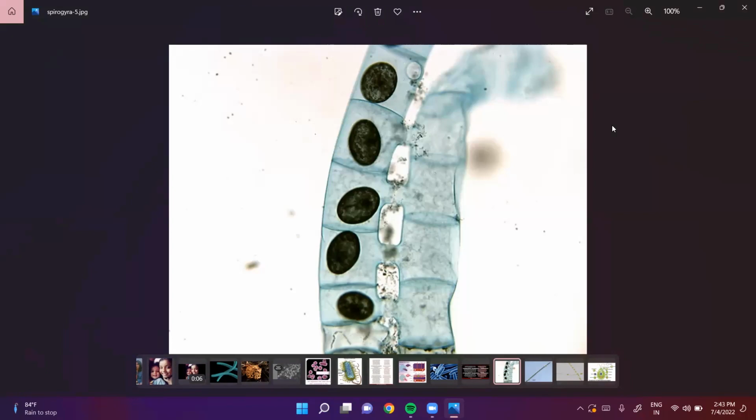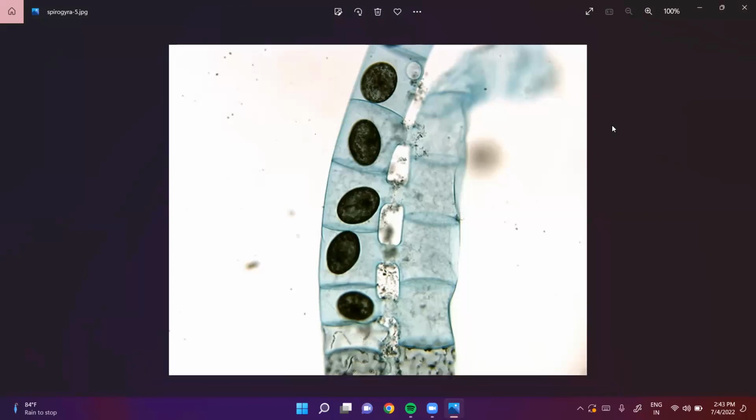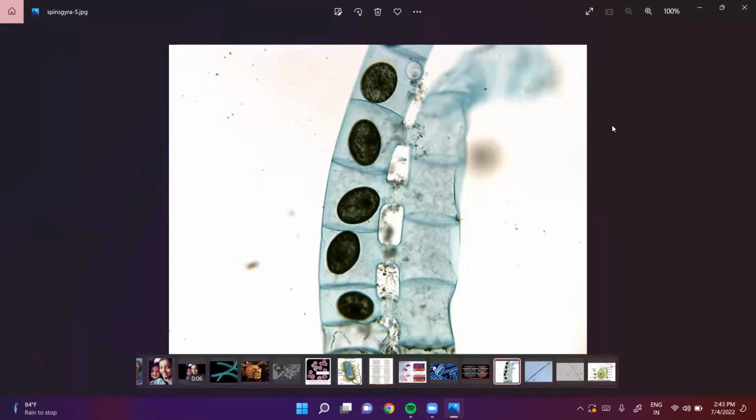You can see that the females have created space, so the male aplanogametes have moved in. There will be formation of a zygospore here. That is in your Spirogyra.